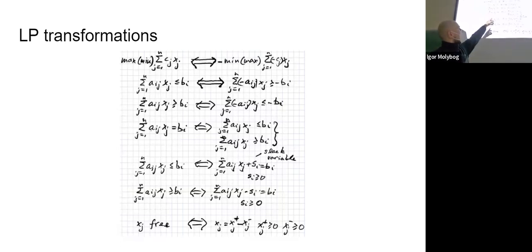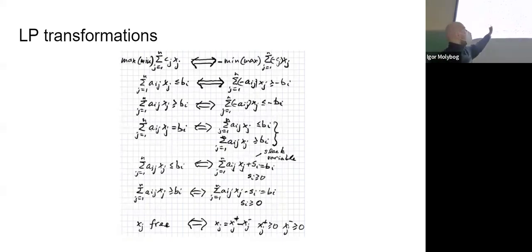You can decompose an equality constraint into a couple of inequalities. If you have an inequality constraint, you can introduce a slack variable. This is going to be non-negative, and convert the inequality constraint into a non-negativity constraint, the slack variable greater than or equal to 0, and an equality constraint with the slack variable.